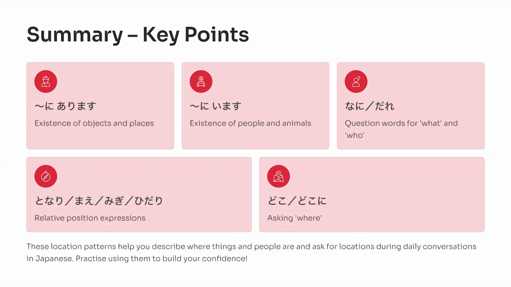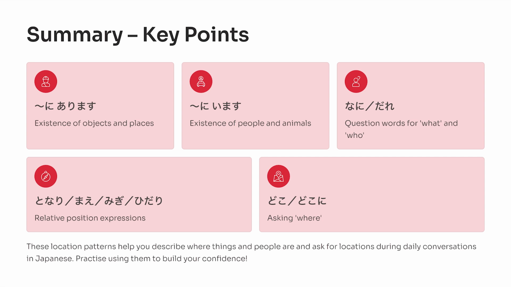Great job! Let's take a moment to review what we've learned in Lesson 10. First, remember to use あります when talking about the existence of objects, buildings, and places. Use います when talking about people and animals because they are living things. Next, we learned the question words 何 and 誰. Use 何 when asking what exists and 誰 when asking who is at a particular location.